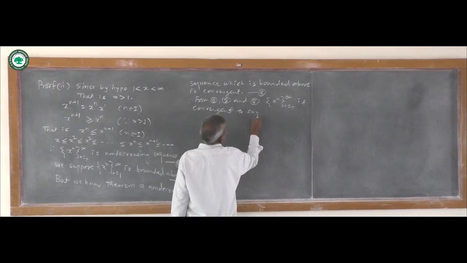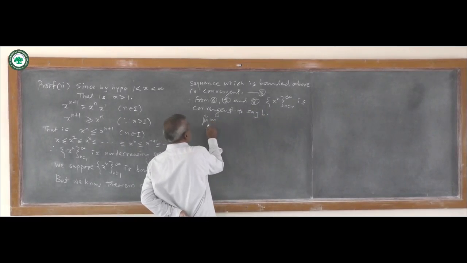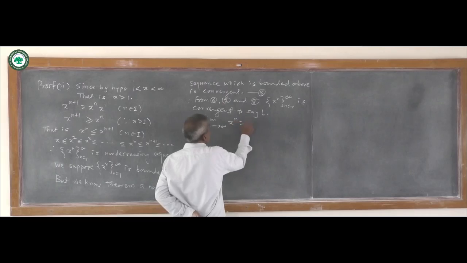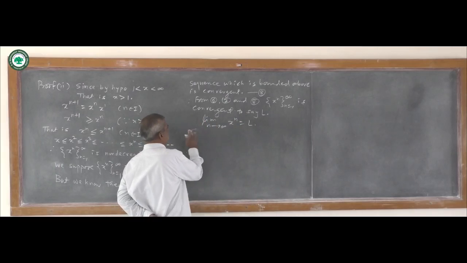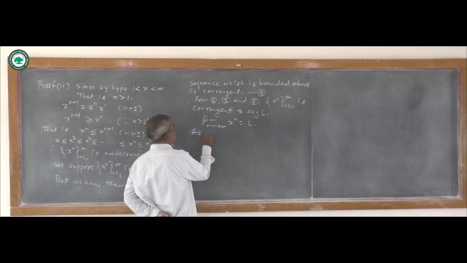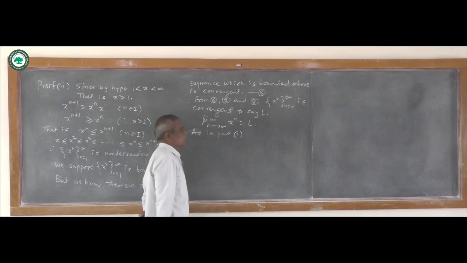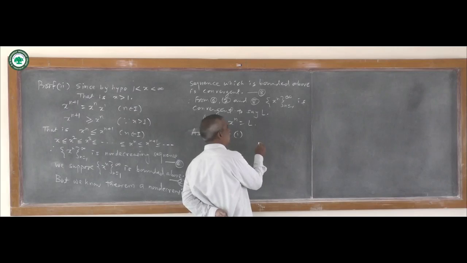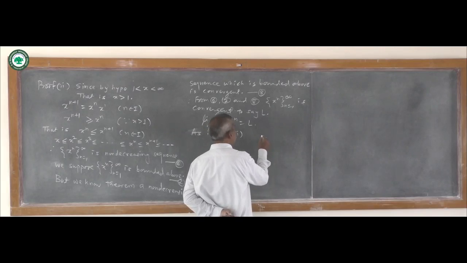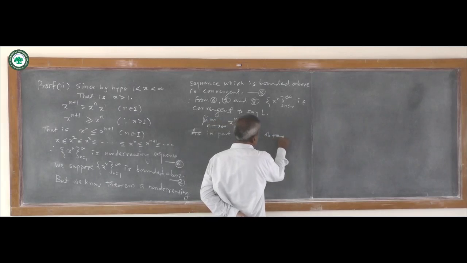Say the limit is L. Therefore, limit n tends to infinity of x raised to n is equal to L. As in part first, we obtain x into L minus L is equal to 0.